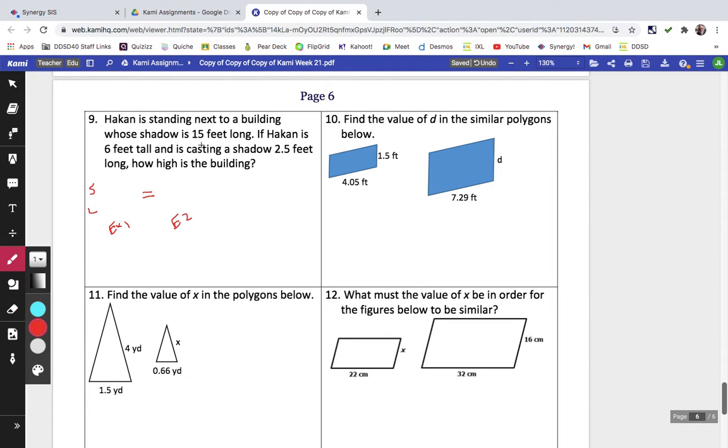So the person is small, and so we're going to do, he is 6 feet tall, and his shadow is also small.